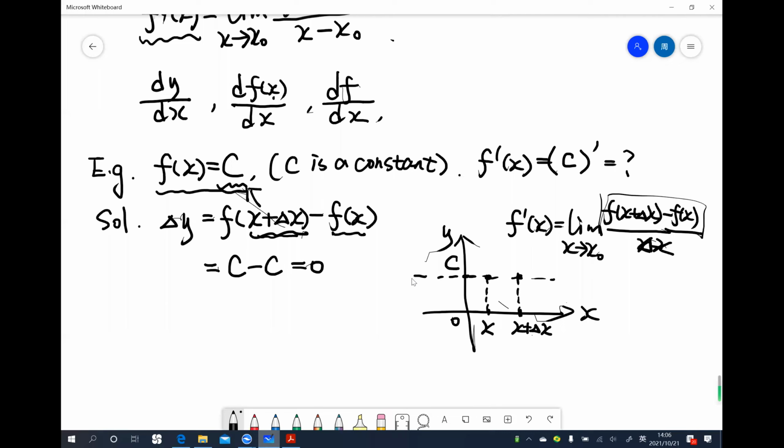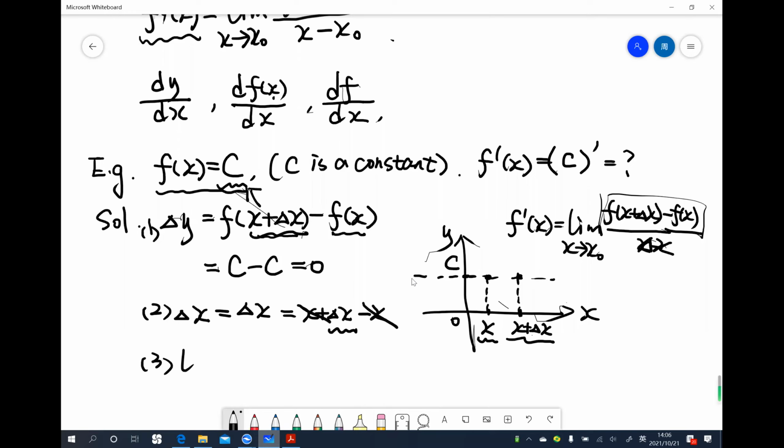And now we will calculate the second one, that is delta x. Delta x, as we know, equals the terminal point x plus delta x minus the start point x. So x can be canceled, and that is delta x.